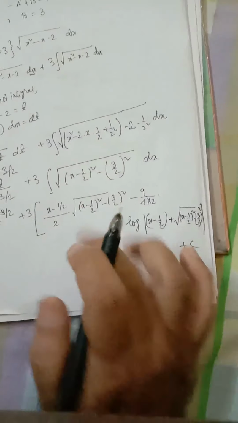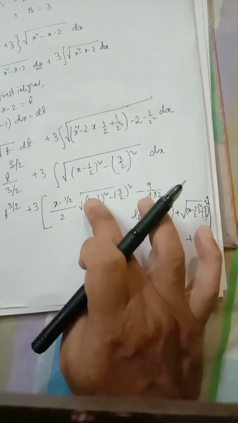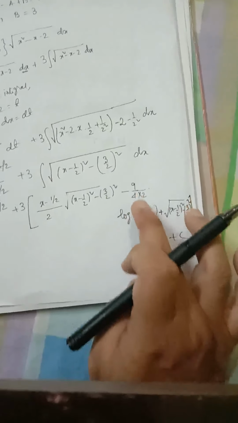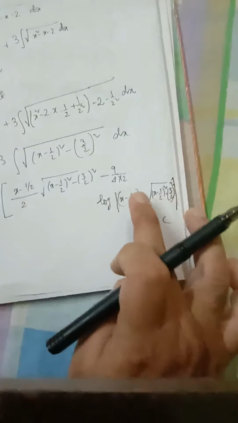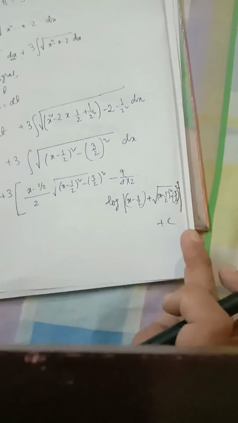So you can see x by 2 into root over x square minus a square minus a square by 2 log of x plus root over x square minus a square.